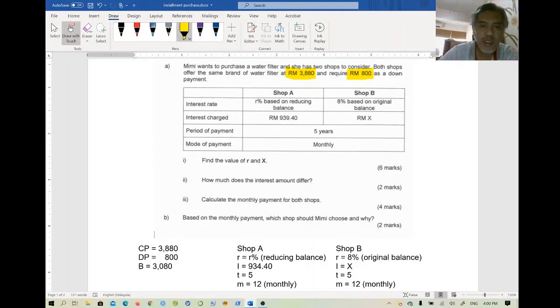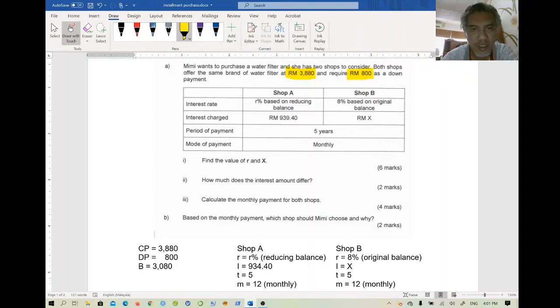The question asks you to find the value of R and the value of X in shop A and shop B respectively, then calculate the difference in the interest charge between shop A and shop B. Thirdly, calculate the monthly payment for both shops. Finally, make a decision for Mimi on which shop she should choose, and why, based on the monthly payment.